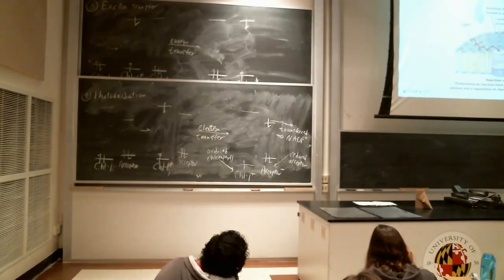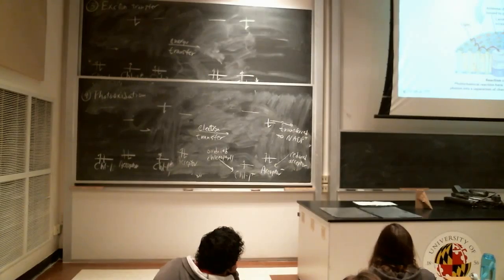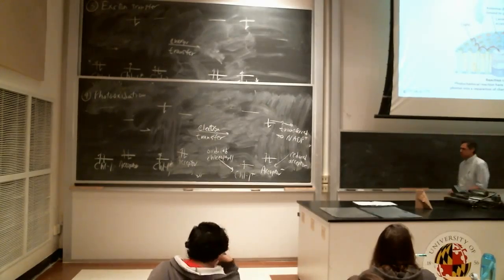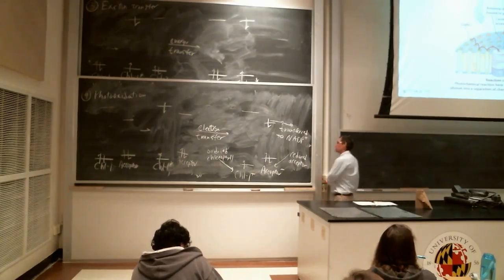This is sort of the outline of what happens. This is now a cartoon that shows more specifically how this works. So this picture is a picture of what's known as a photosystem. So let me try to describe these.